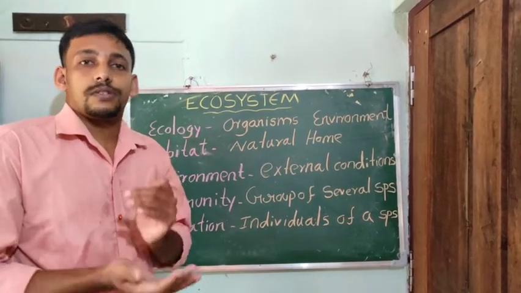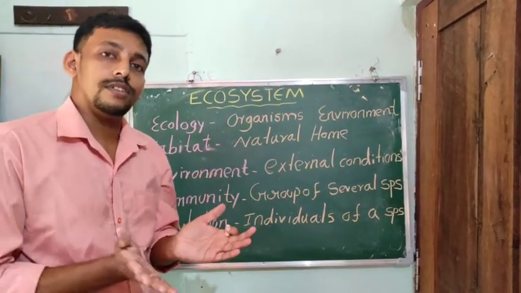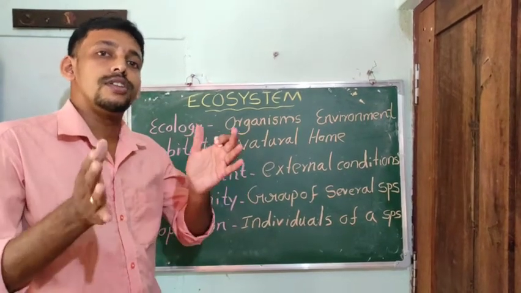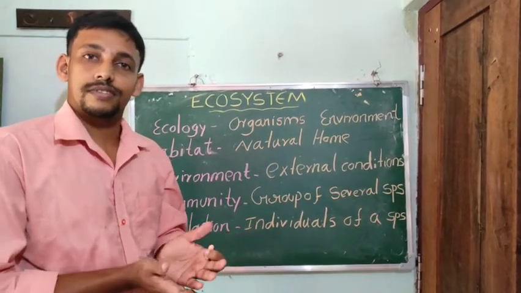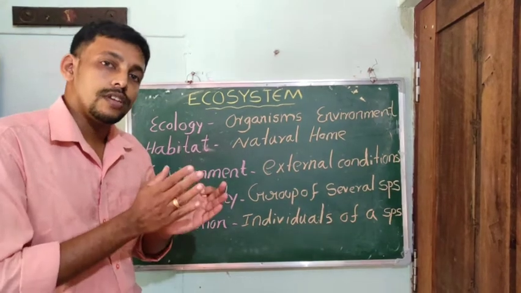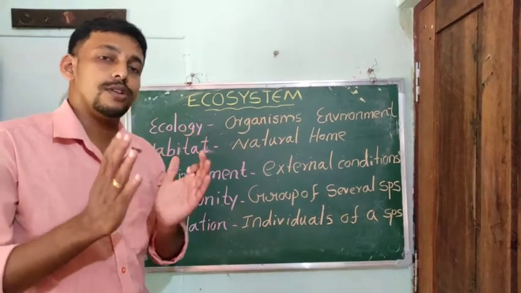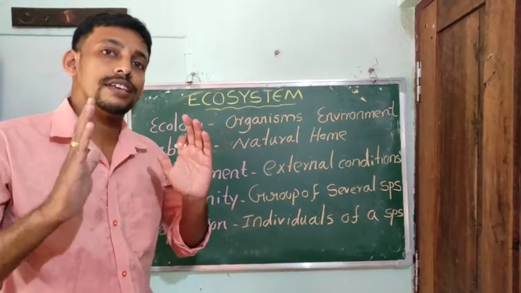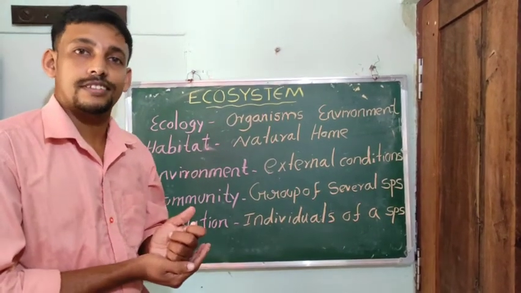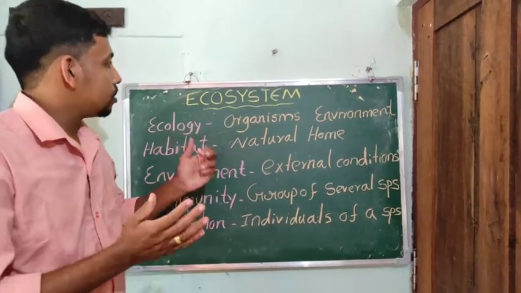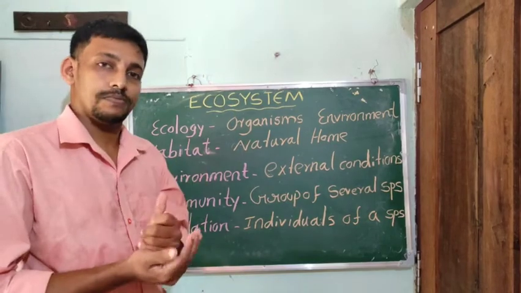So what is an ecosystem? It's a unit in which there is interaction between organisms and their environment. So that is known as what? The ecosystem.